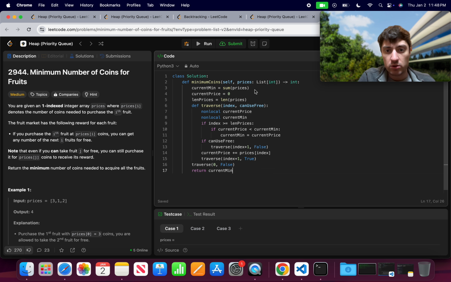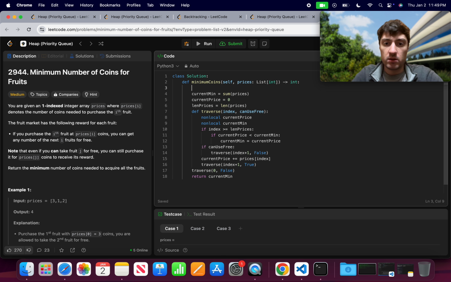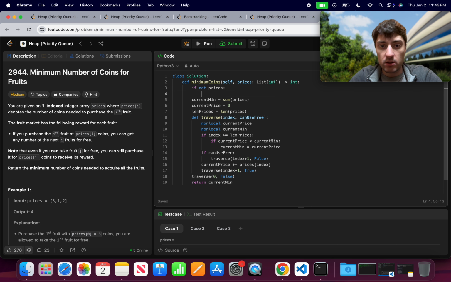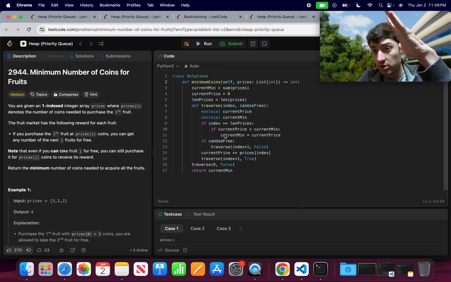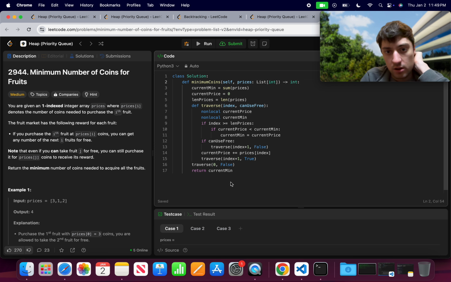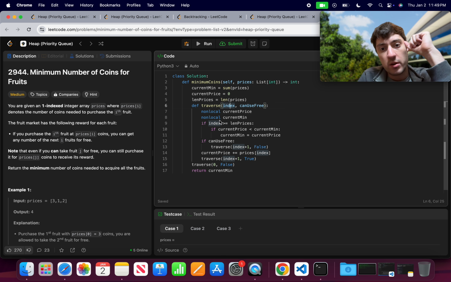And then I also just want to say, like, if not prices, then return. Oh no, actually that would work either way, because if there is no prices, prices is empty, it's going to come here, index is going to be 0, this is going to be false, it's going to come here, index is now 0, and length of prices is 0, so it's going to hit this case.